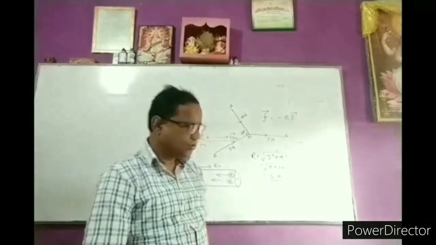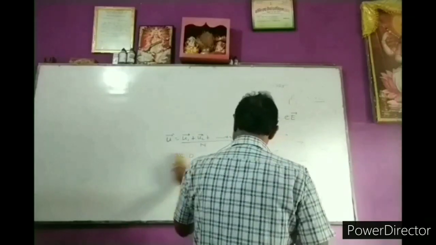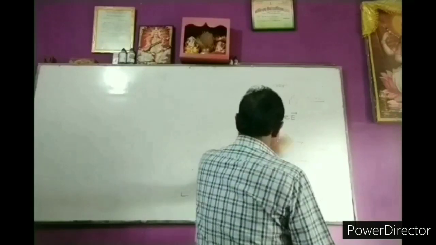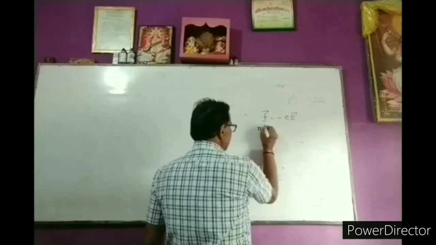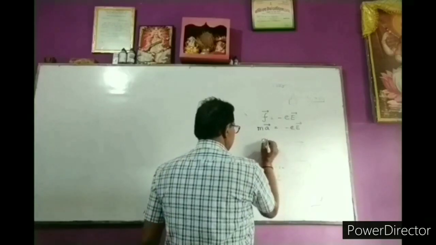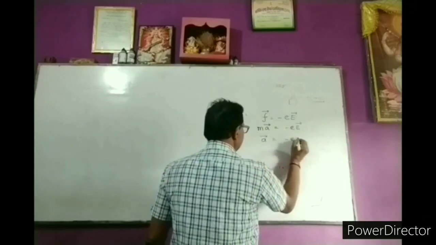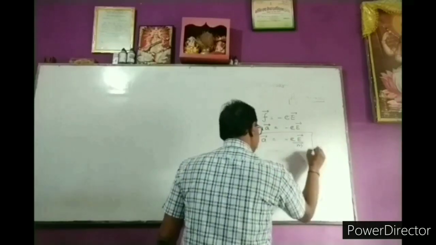Clear? We can write F is equal to ma is equal to minus eE. So a is equal to minus eE by m.